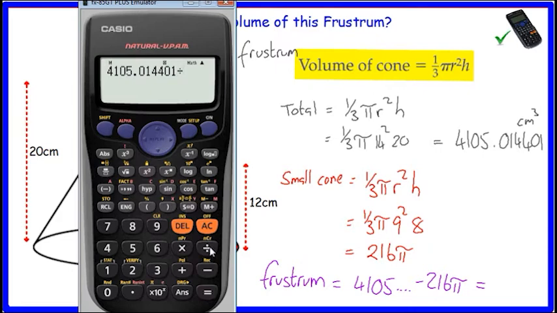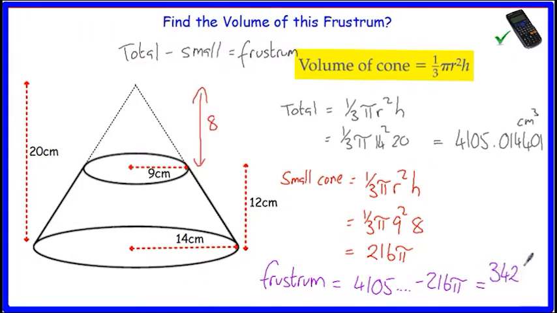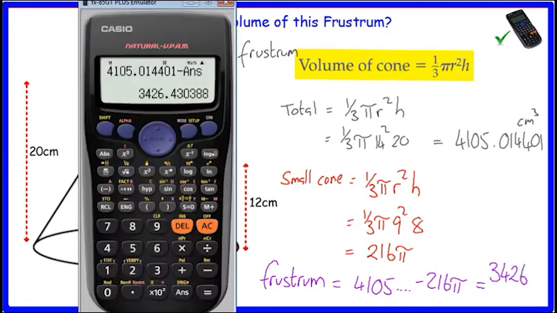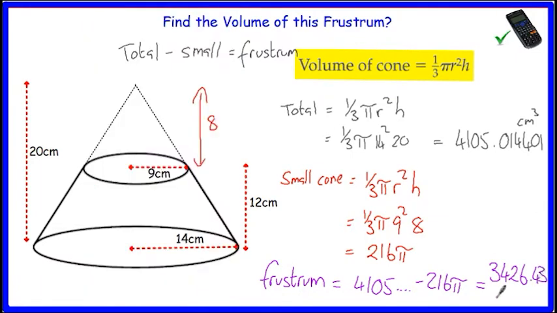I am subtracting the small from the large. Gives me an answer of 3,426.43 centimeters cubed.